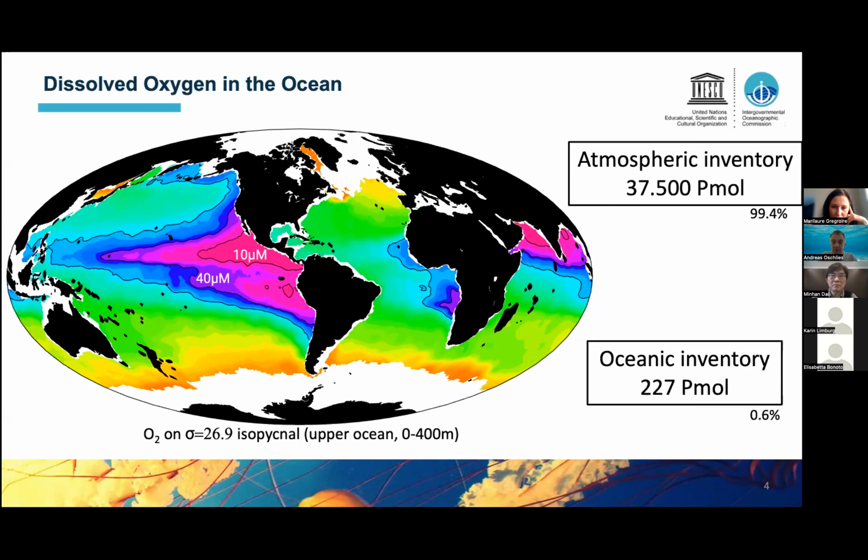We need physical ocean transport to bring oxygen into the ocean interior, where in the dark, oxygen can only be respired and not produced in any significant amounts by marine biota. So respiration continuously consumes oxygen. Supply has to come from contact with the atmosphere.